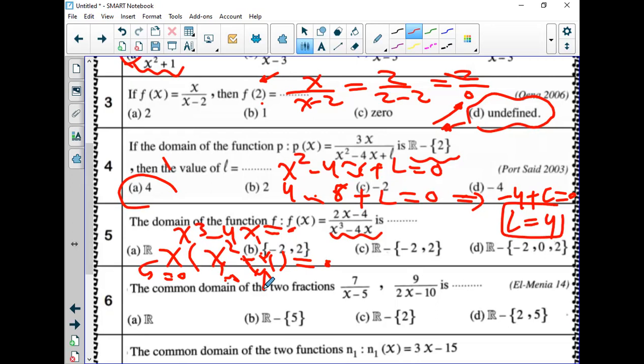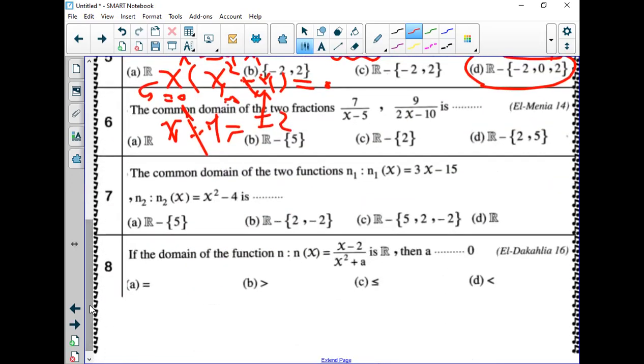Let's factorize here: x power 2 minus 4 equals 0, so x equals positive or negative 2. So we have three values, 0 and positive 2 and negative 2. So the domain equals R difference 2, 0 and negative 2, letter D.